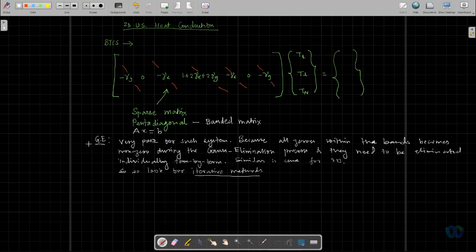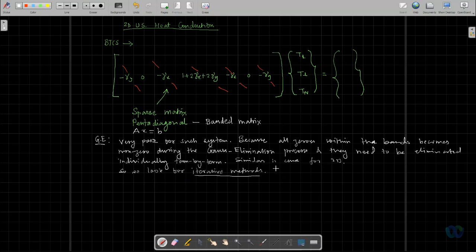They may be very good compared to Gauss elimination, but the process involved in TDMA and the pentadiagonal matrix algorithm is based on the Gauss elimination process. So this problem may not be general in the case of the TDMA method. For general cases, we should look for iterative methods only.